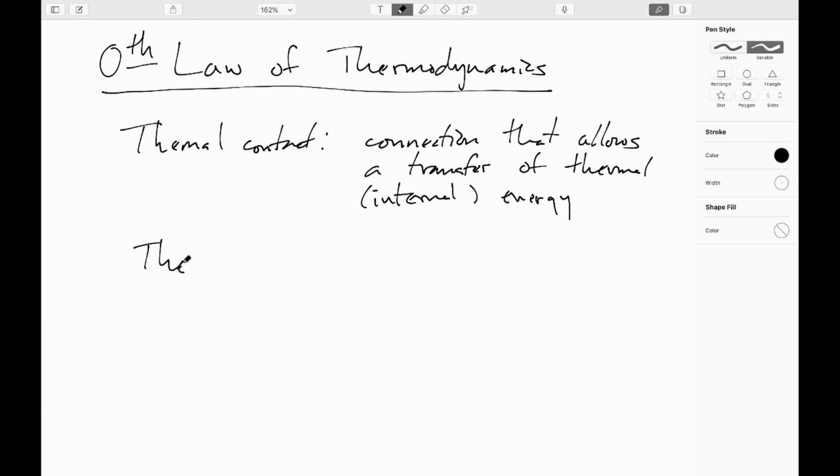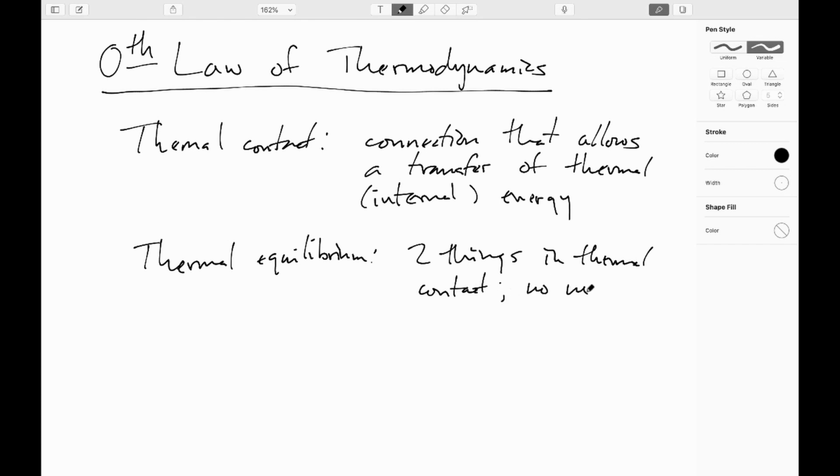Now I need to define thermal equilibrium. And that is a state such that if you have two things in thermal contact, there is no net exchange of thermal or internal energy.